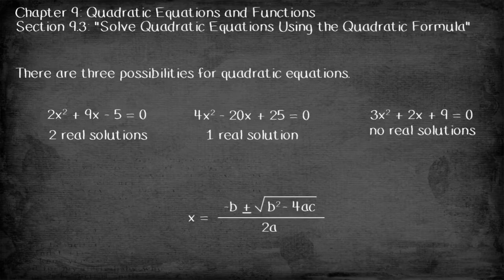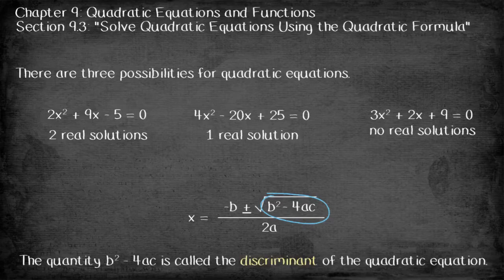So how can we tell? Well, let's look at the formula again. We have negative b plus or minus the square root of b squared minus 4ac all over 2a. The key lies in this part of the formula. So that b squared minus 4ac is called the discriminant of the quadratic equation. And it allows us to tell whether we have 2 solutions, 1 solution, or no solutions.